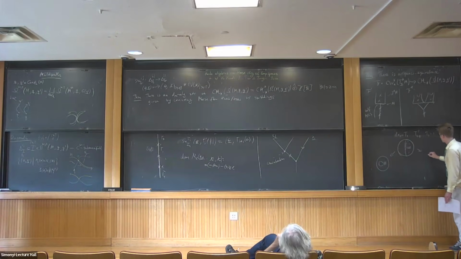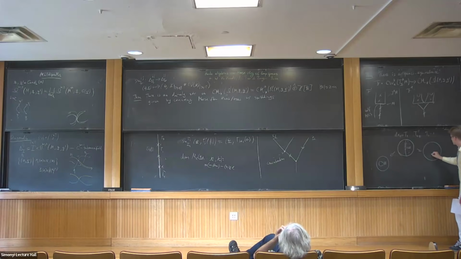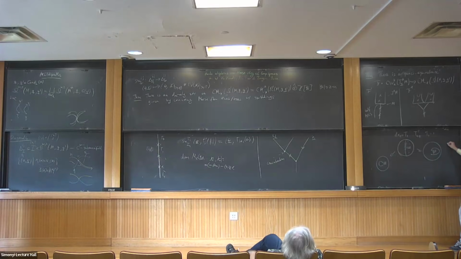But when you go to this side, at some point you get to something like this. And as a braid, this looks like the braid going around all these strands.